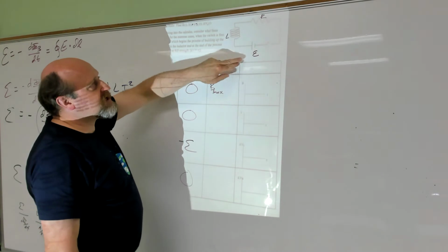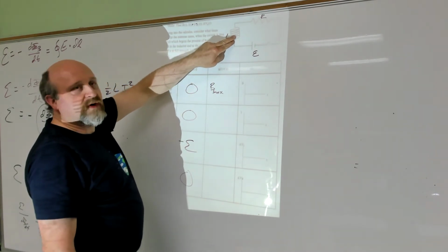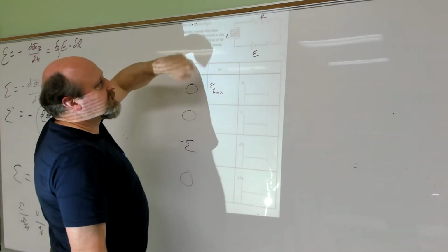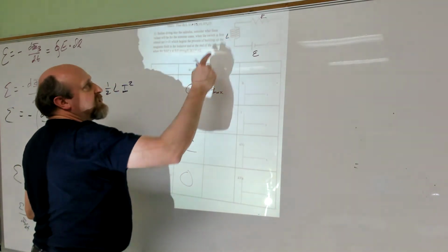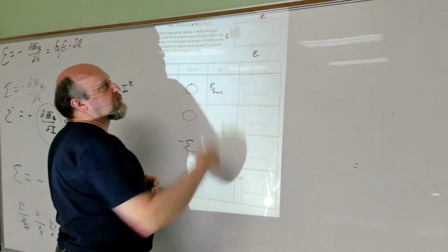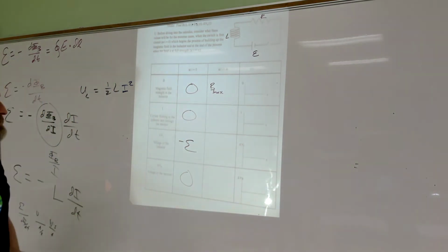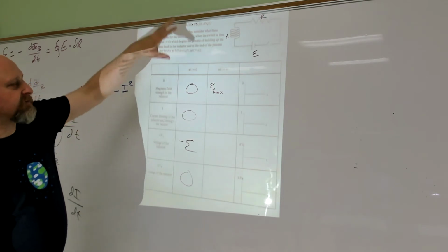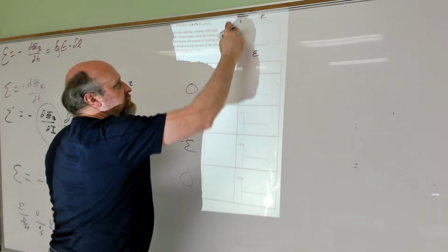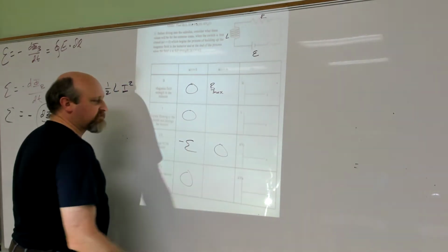When I get to infinite time, this thing has reached its final magnetic field strength. No energy needs to be pumped there anymore. I've reached the final current. It's a steady current now, so there's no change in flux through it, and so the inductor will just act like a bare wire at the end. So at the end, there's no voltage across the inductor. It's not fighting against it at all.